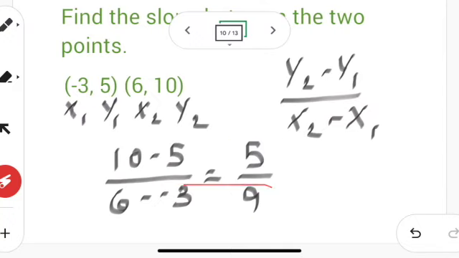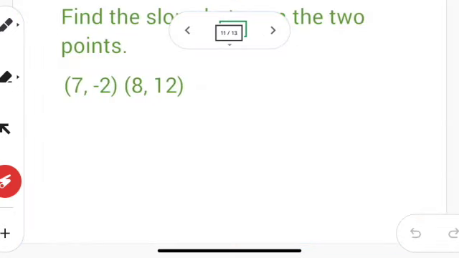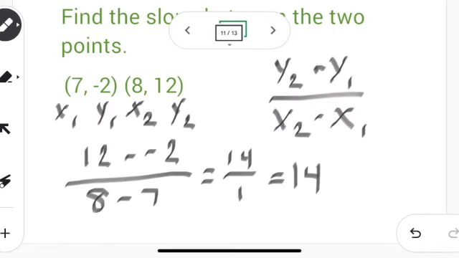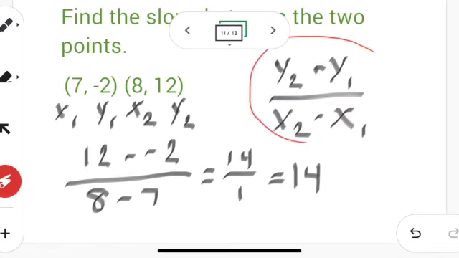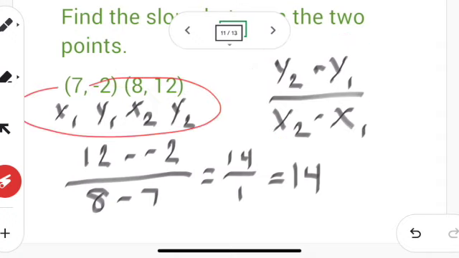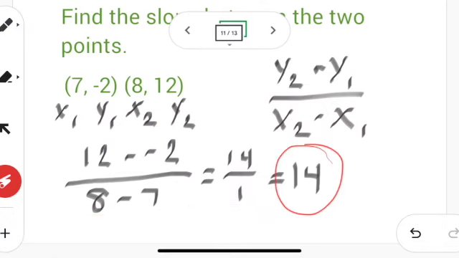Be careful right here, because this one was 6 minus negative 3, which would have been 9. Let's try another one. Again, be careful of your negatives. So again, we wrote our formula, we labeled our points, and then we just plugged them in. Again, here, be careful, minus negative 2 would give us 14, and then 8 minus 7 is 1, so my answer would have been 14.